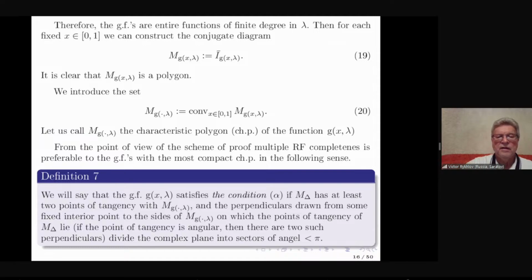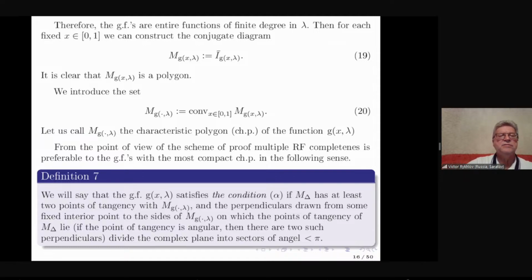Therefore, let us denote m j of x lambda equals the conjugate diagram of j of x lambda, the formula 19.